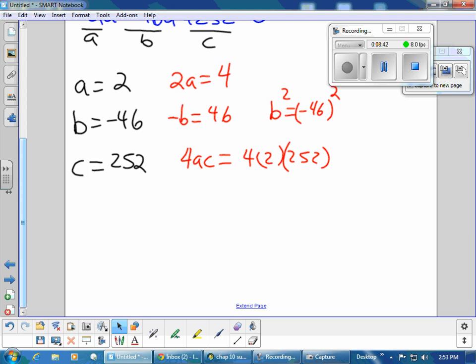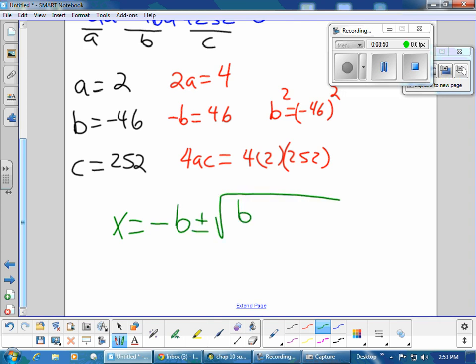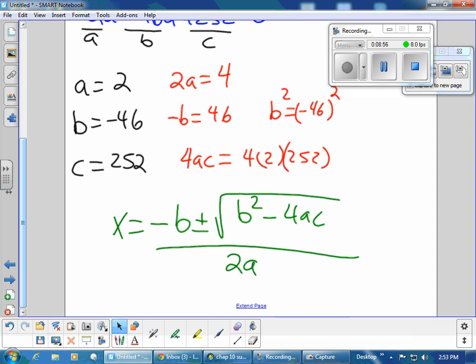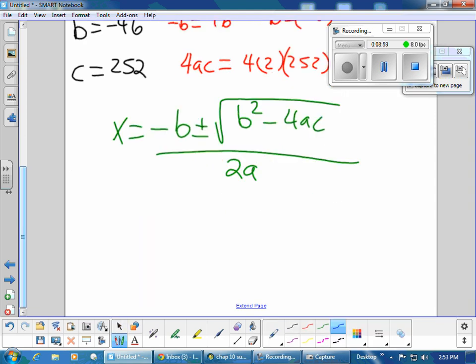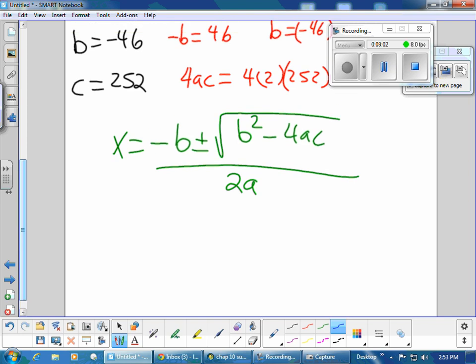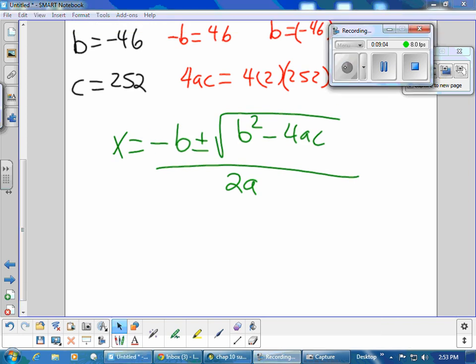What we're going to eventually do here is put it all together into the formula. x equals negative b plus or minus the square root of b squared minus 4ac all over 2a. So we're going to plug in our values.